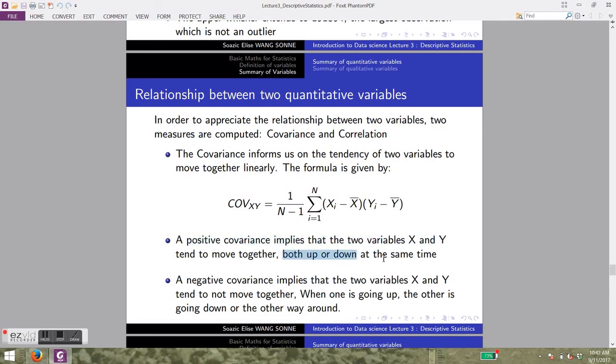I just took the example where x is the income and y is the expenditure, right? It means that if the income increases, then the expenditure will increase, or if the income decreases, then the expenditure will also decrease. The same thing, a negative covariance implies that the two variables x and y tend to move in opposite directions. So when one is going up, the other is going down, or the other way around.